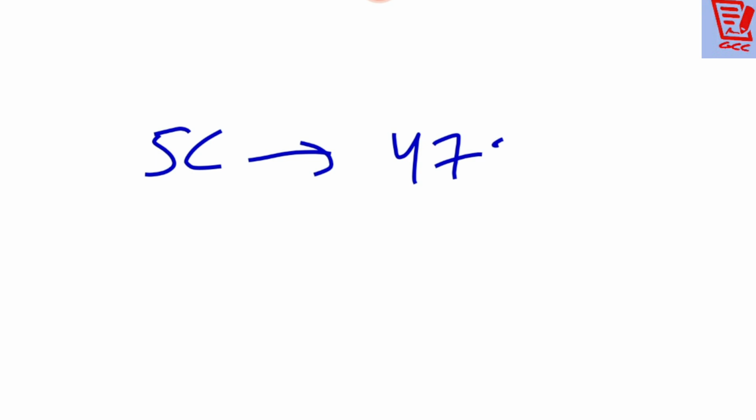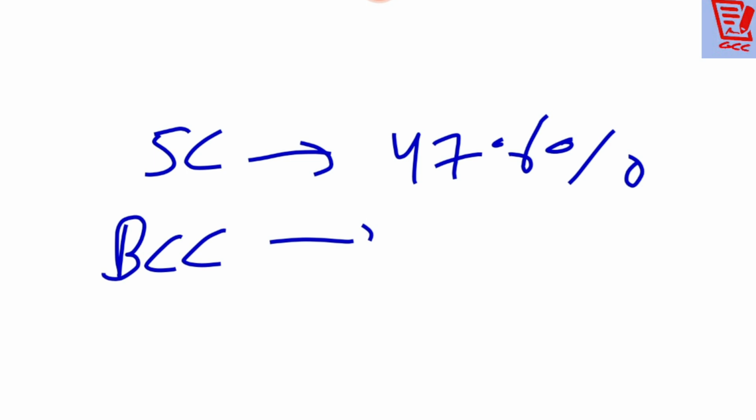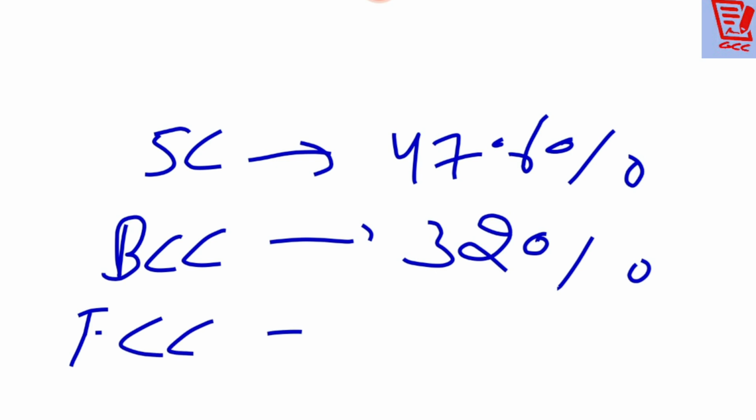In a simple cube, the packing efficiency was 47.6%. Then we did BCC, and in the BCC it is 32% empty space. Then we did FCC, and in the FCC, the last one, it is 26%.